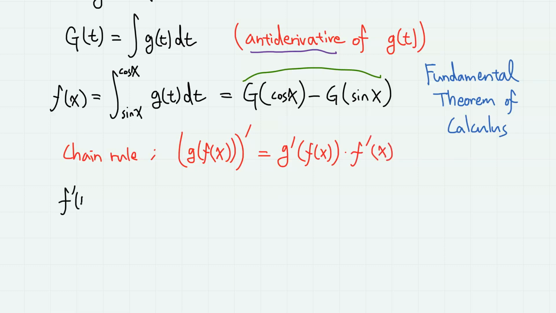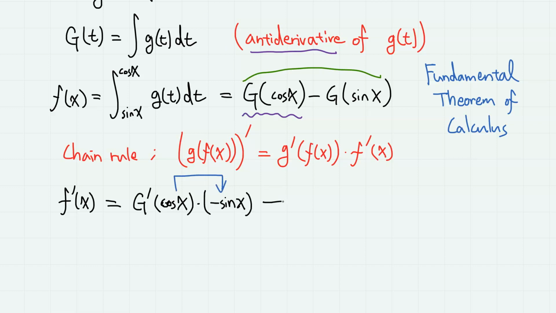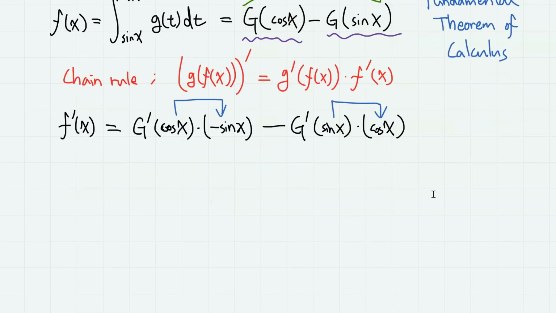So we have f prime x equals, if we differentiate this part, g prime of cosine x, then we have to multiply the derivative of cosine x, which is minus sine x, minus, and from this part, we have g prime of sine x, and we have to differentiate sine x, so we have cosine x.